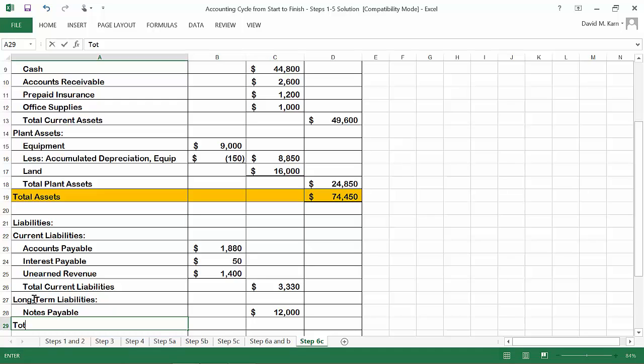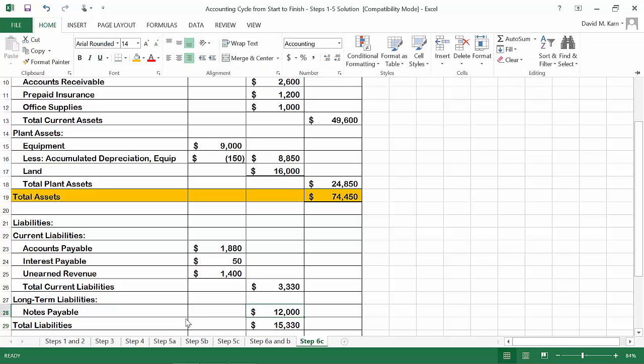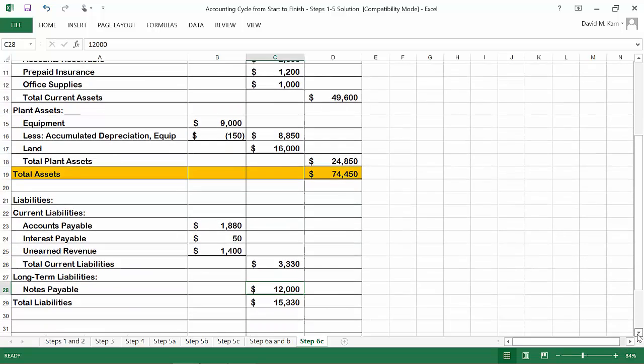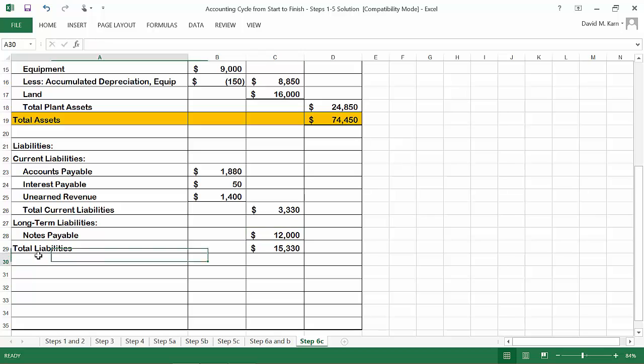So our total liabilities comes out to be $15,330, and that is the total of the $3,330 of current liabilities plus the $12,000 of long-term. And then we get to our owner's equity section.